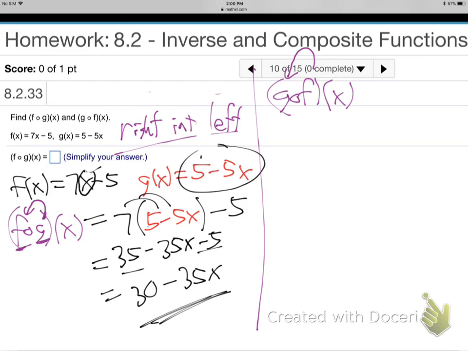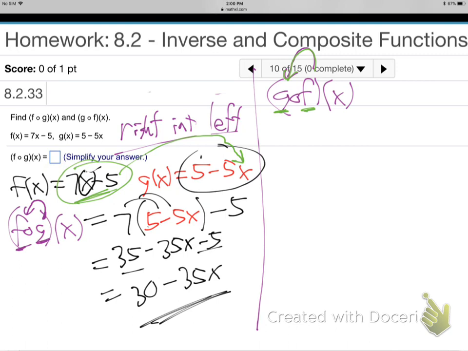Now we take all of f and put it in the x slot. Because remember, the x is the input slot. It's the holes in the toaster. It's where you plug stuff in. So now we're putting g into f, I'm sorry, f into g. Putting f into g. So take all of f, put it into g.